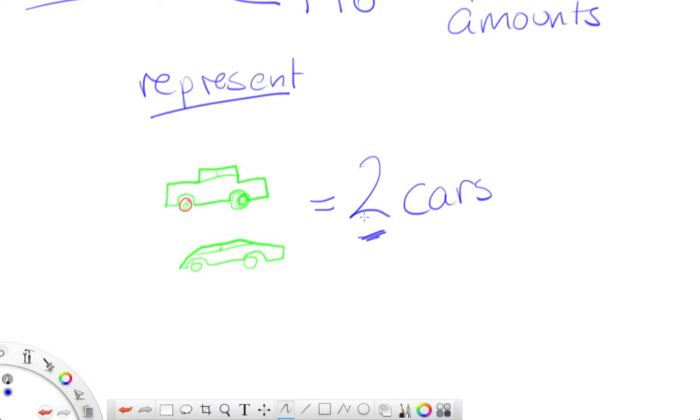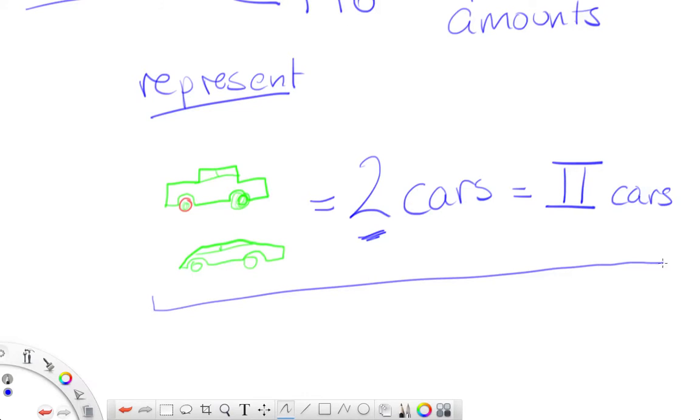So here we have a number, 2 cars. I could represent it in another way. The Romans didn't have cars, but I could use a Roman numeral to represent 2 cars. So we've got 3 different ways of representing the same thing.